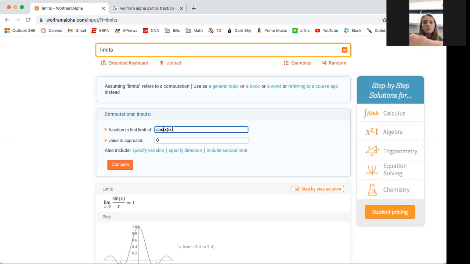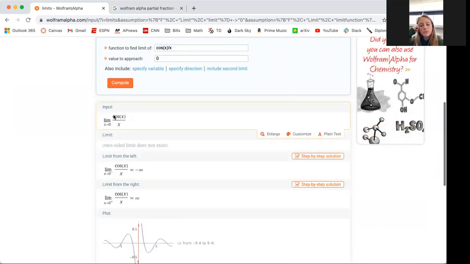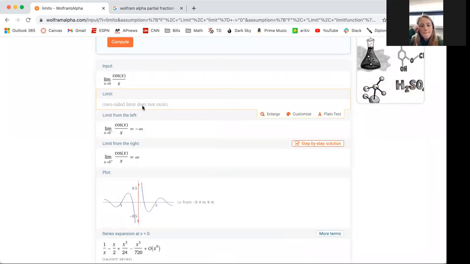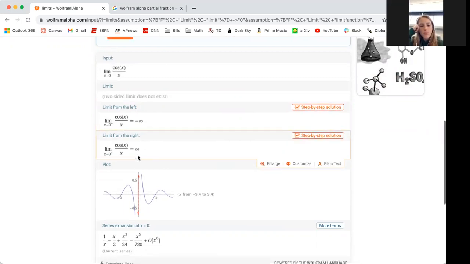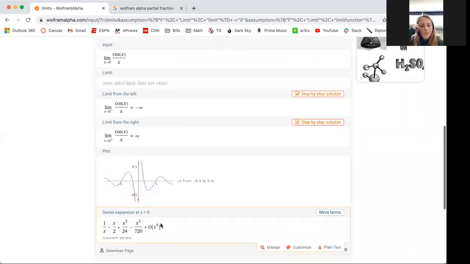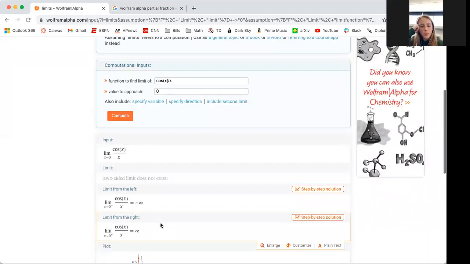So if we change that to cosine of x over x at 0, we can ask it to run it, and it has all of this information. So it has the actual values. It says the limit doesn't exist because it looks at it from the left and the right. It gives you the graph and some other stuff, which we aren't super interested in right now. So it can do these limits for us.